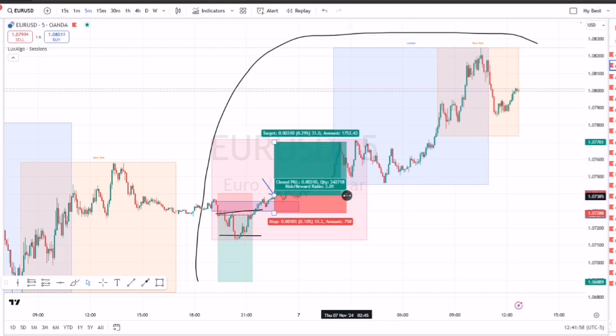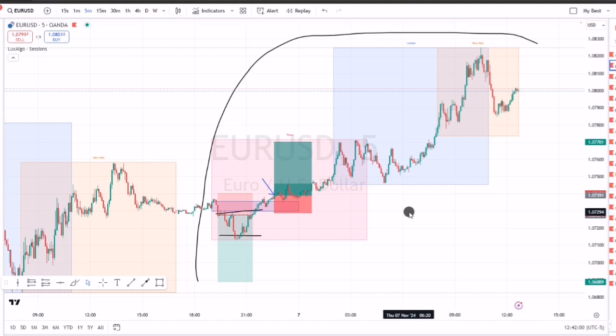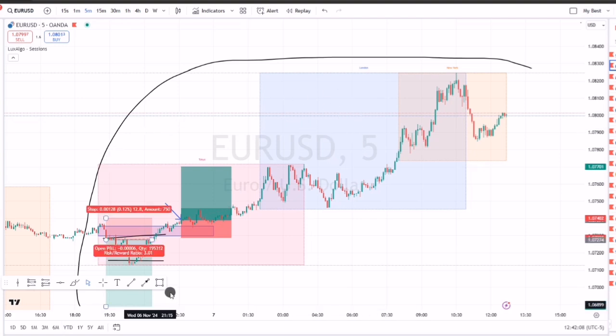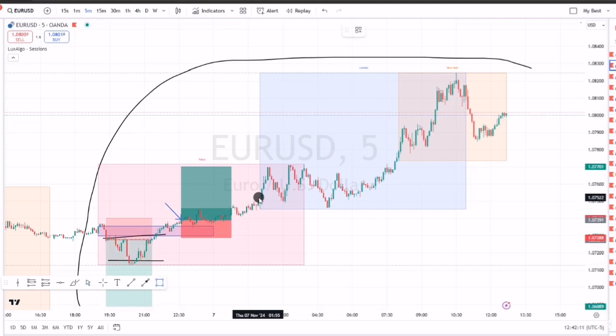But here is what I want you to also focus on. The beginning of the London session, this bluish box, is also very important. You do the same thing. You mark the first candle including the wicks like that, and then right here you can see that price started by closing above.